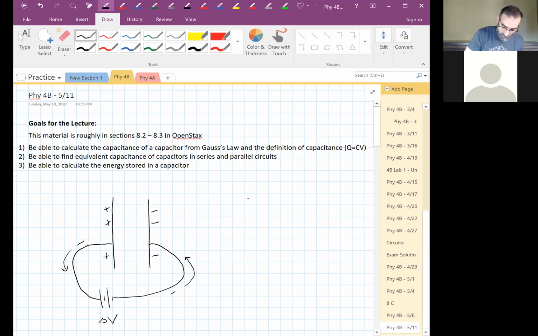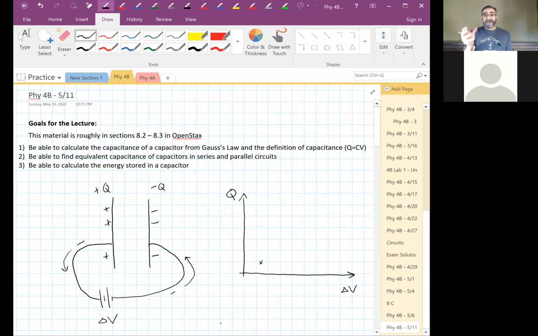So if you plot the charge on that capacitor, this would be a positive on that plate and negative on that plate, versus the potential difference on your power supply, you'd have some point here.